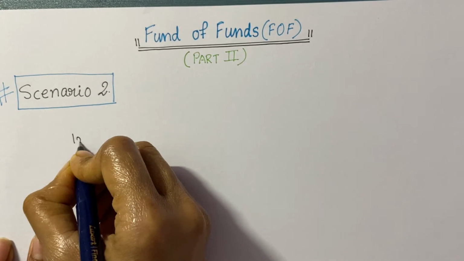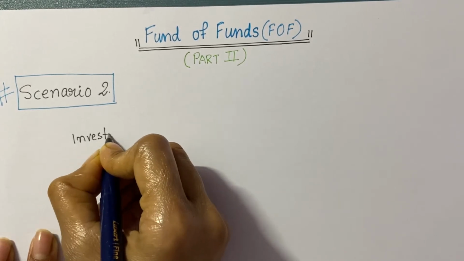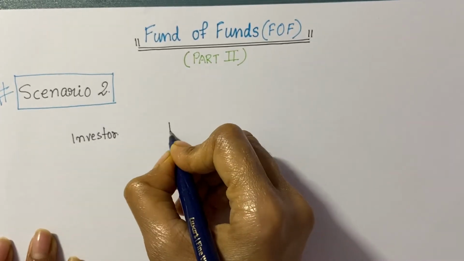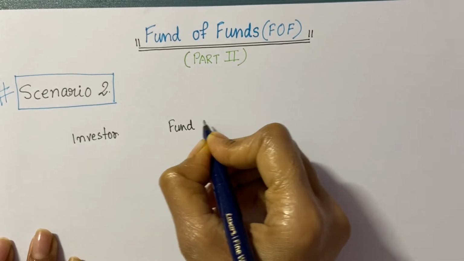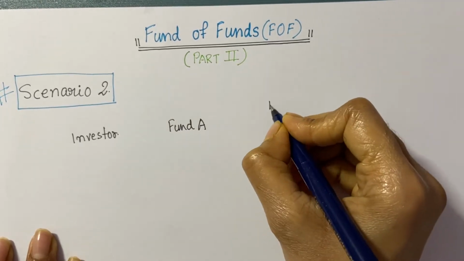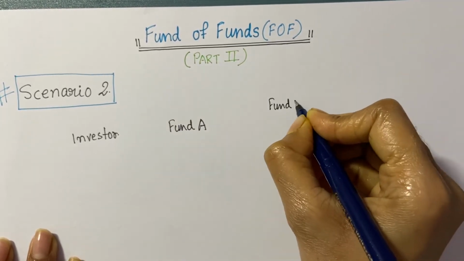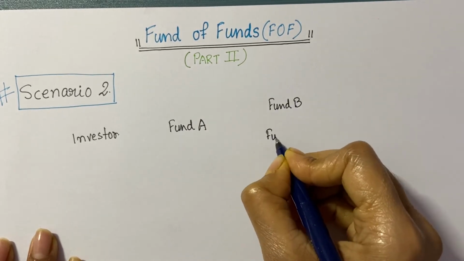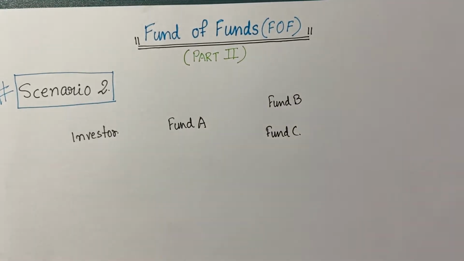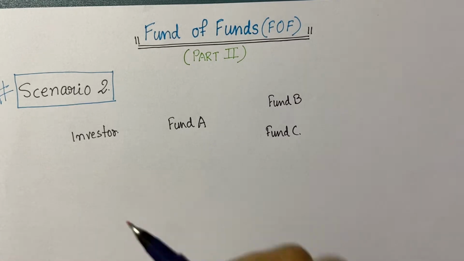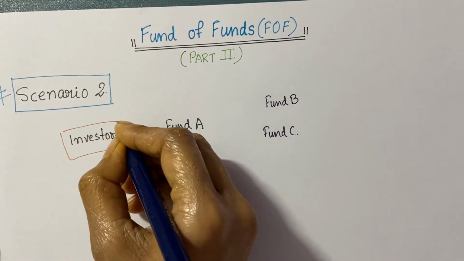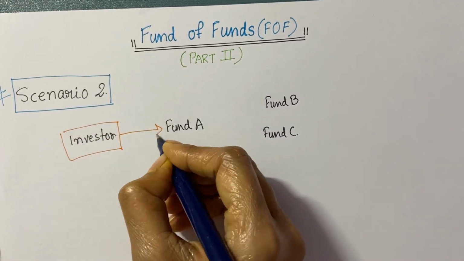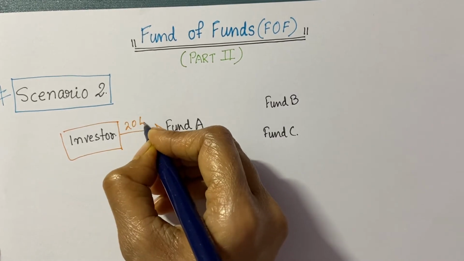Let's say there is this investor who is coming into fund A, and I will stick to my last example. This investor is coming into fund A with 20 lakhs.